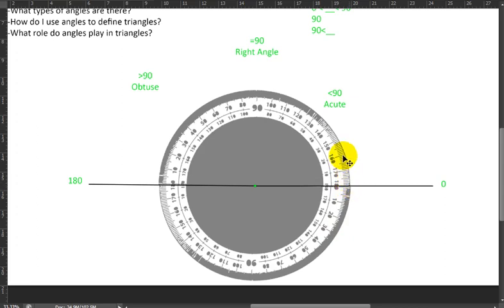Well, we said that from here to here, it's 180 degrees. And then from here to here, that's going to be another 180 degrees. In total, 360 degrees. That's how many degrees it takes to get around one full circle. 360 degrees. Half the circle is 180 degrees.